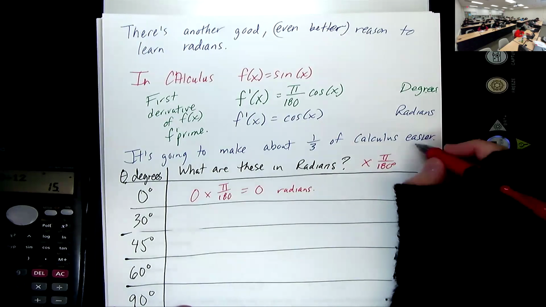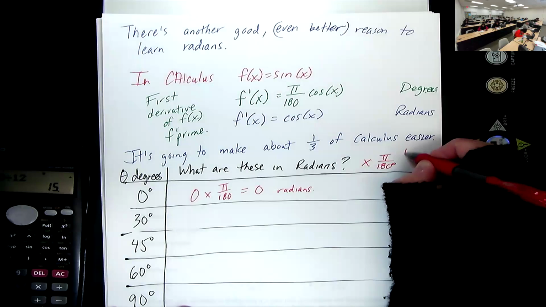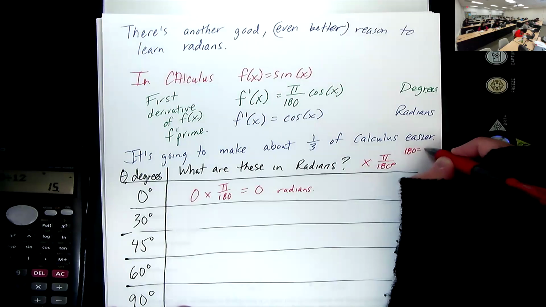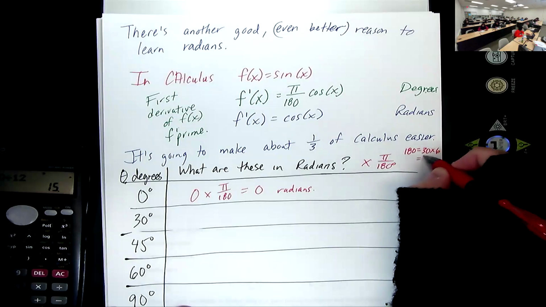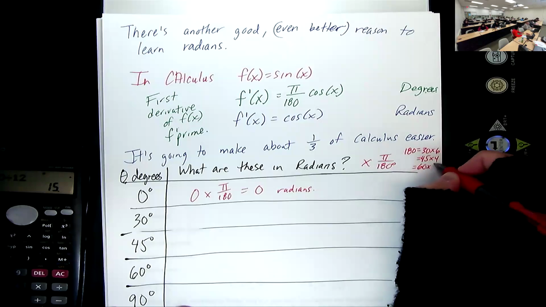Now, something that might help you for the next step. For the rest, 180 is 30 times 6. It is 45 times 4. And it is 60 times 3.